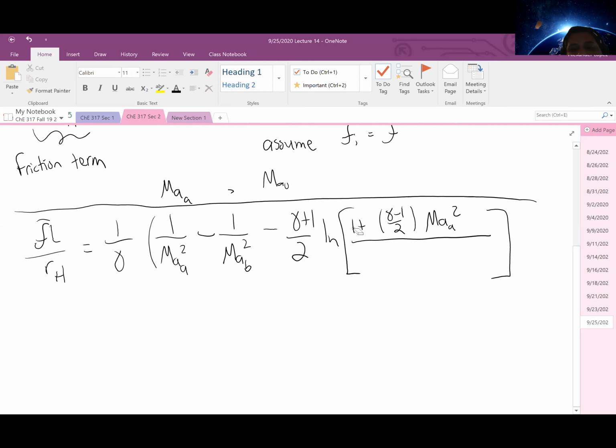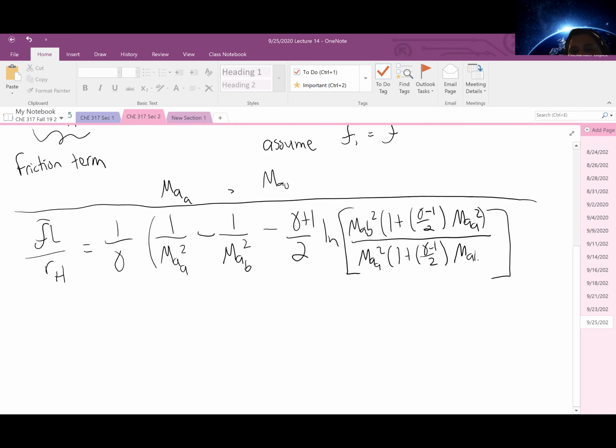Oh, I forgot a term. Mach number B squared times the quantity 1 plus gamma minus 1 over 2 times Mach number A squared, over Mach number A squared times 1 plus gamma minus 1 over 2 times Mach number B squared.